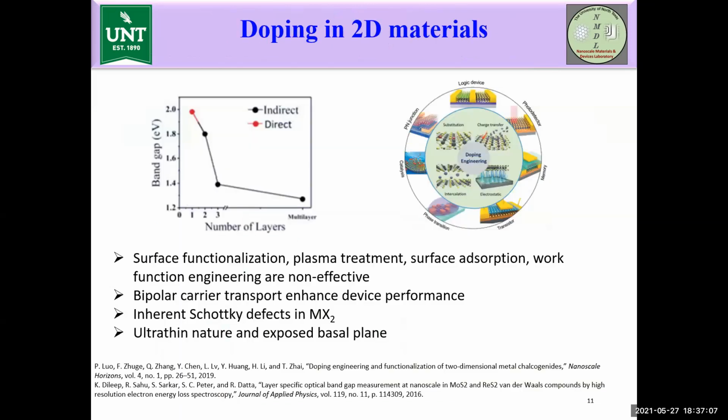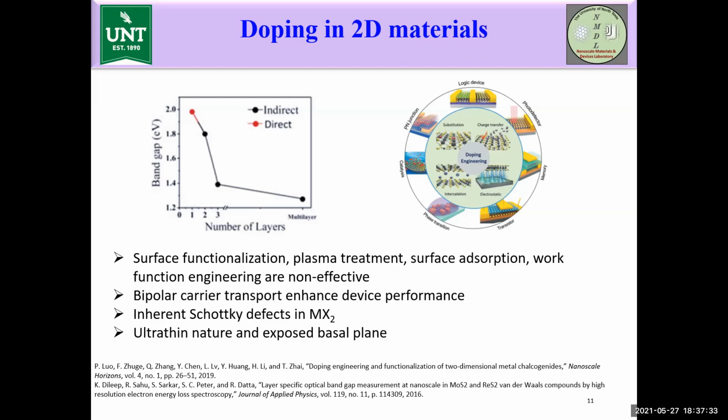Coming to my presentation for today, I am going to start with a brief review of doping strategies in 2D materials. MoS2, as we know, is a layered two-dimensional transition metal dichalcogenide. It has a layer-dependent band gap, and its thickness varies with the number of layers.